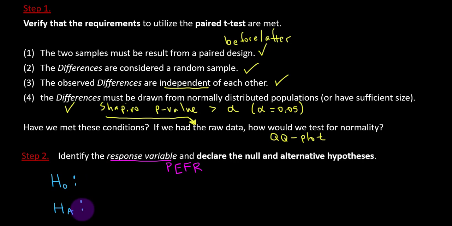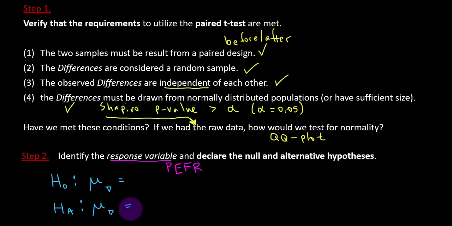Our hypotheses are always in regards to a population parameter. So I'm going to write mu with a d. So when we say mu sub d, we're talking about the mean difference in peak expiratory flow rate before and after that cold morning walk.